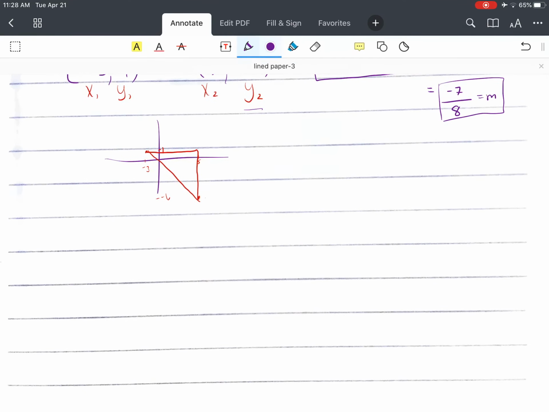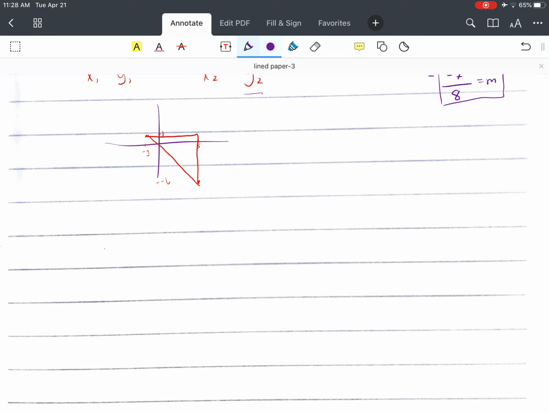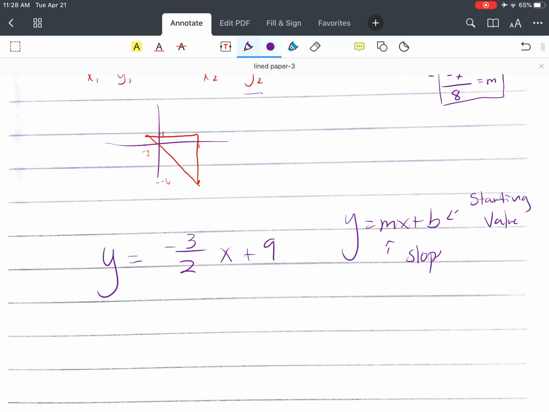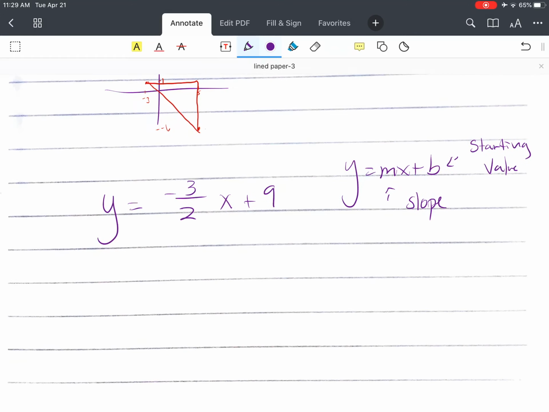The last thing we're going to do is find the slope from an equation. This might be the easiest way. So suppose we have an equation, something like y equals negative 3 halves x plus 9. Well, we already know that if we have an equation like this, y equals mx plus b, b is your starting value, and m is your slope.